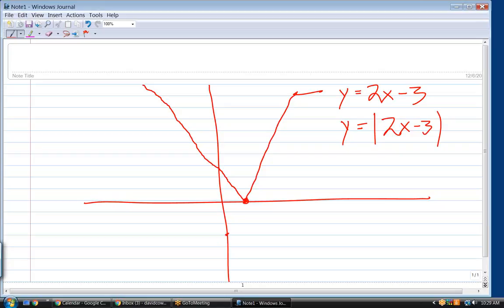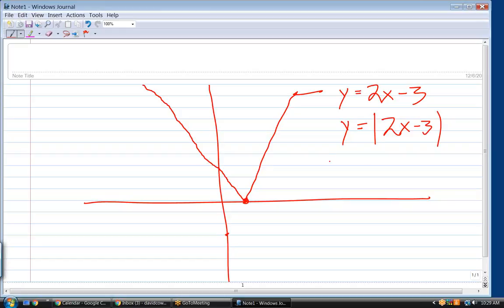Well, that's different. That is graphing the absolute value of 2x and then shifting it down 3 units. That's why these translations are pretty important to learn, because they allow you to graph complicated slopes that would be tough to graph otherwise.